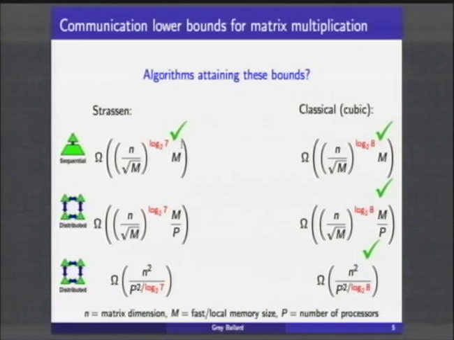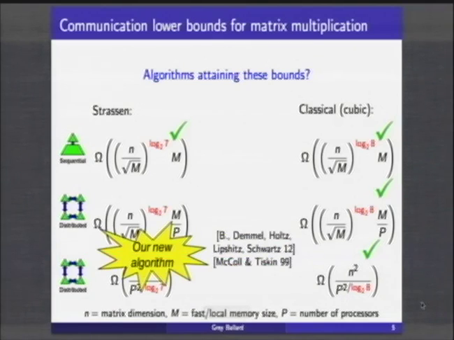It's cache oblivious. Everything works really nicely. In the parallel case, it seemed less obvious to us, and we started looking around in the literature and actually didn't find an optimal algorithm. So what I'll tell you about today is the algorithm that we came up with, and the communication costs of this algorithm match the lower bounds that we found first.